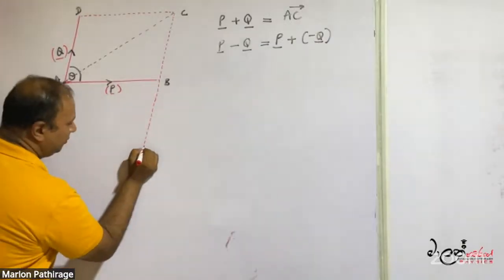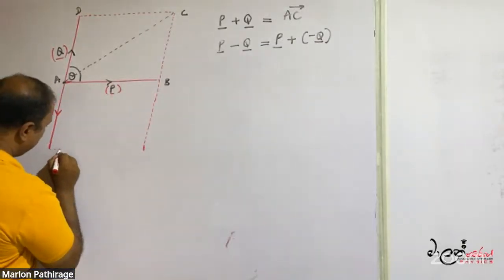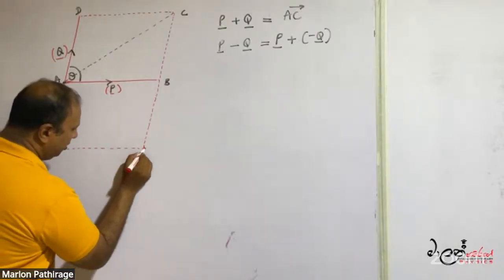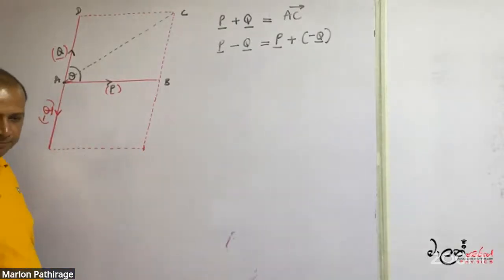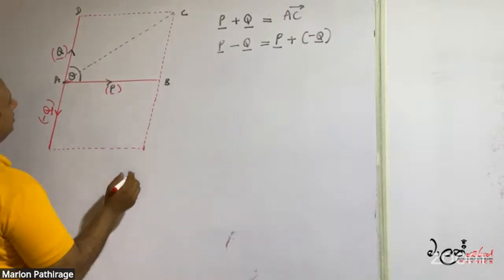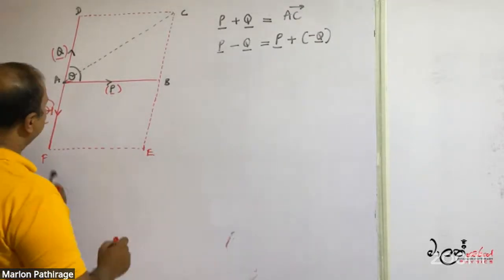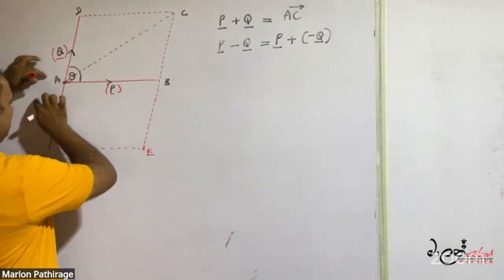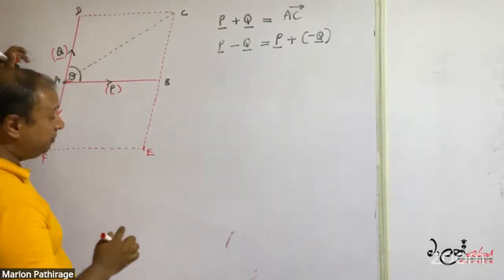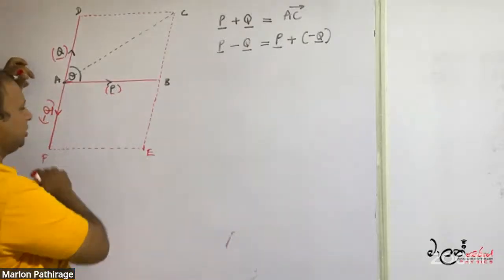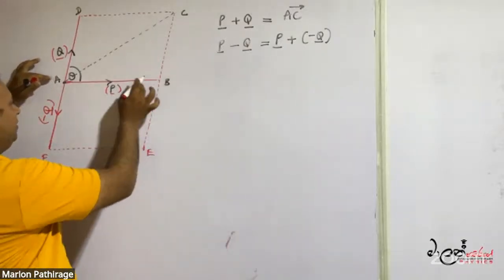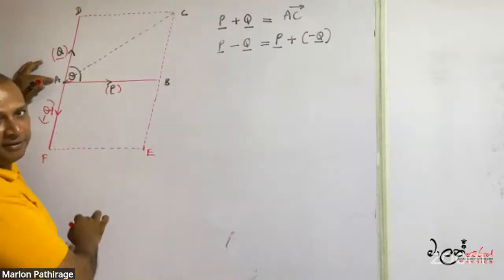Now I have to draw the corresponding parallelogram. Suppose this one is A, B, C, D, E, and M. Now it is very clear. Now this is minus Q, this is minus P. So with the P and minus Q, this is the parallelogram to take.